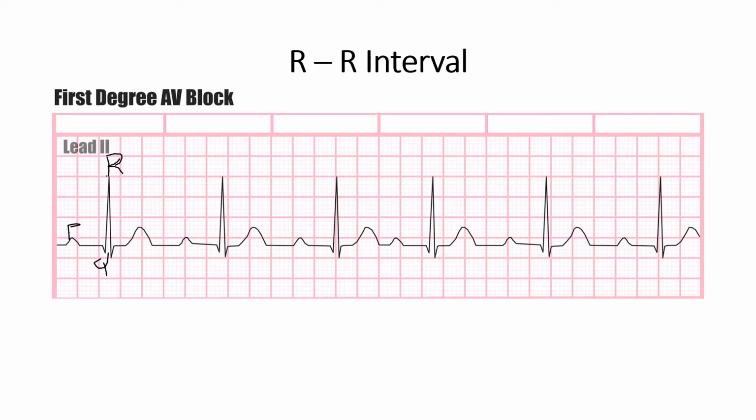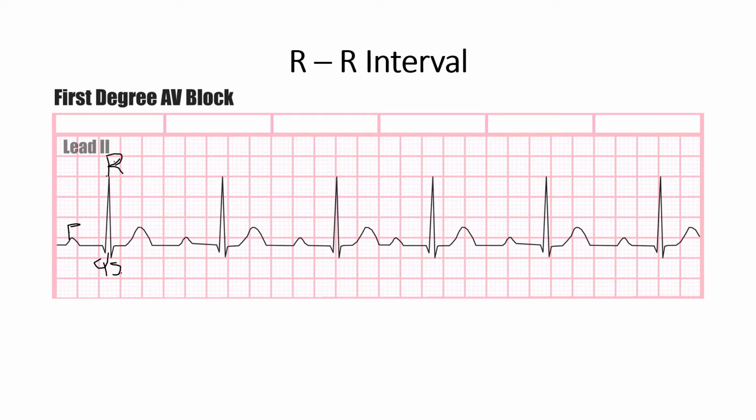If not, you might want to take a little review. And then this point down here, right next to the Q, is going to be your S. So we have the P, Q, R, and S. And what we need to identify is every single R. And that's all we need to determine our blocks, is the R wave.